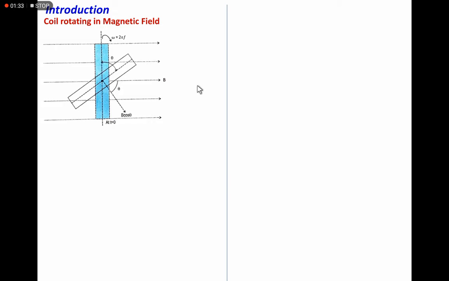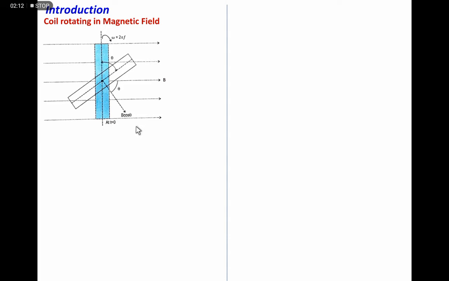We studied this diagram in oscillation: motion of the coil in magnetic field or rotation of the magnet in magnetic field is simple harmonic motion. Even here the coil is in magnetic field, and if the coil is in rotation, according to Faraday's laws the flux changes and EMF is induced.